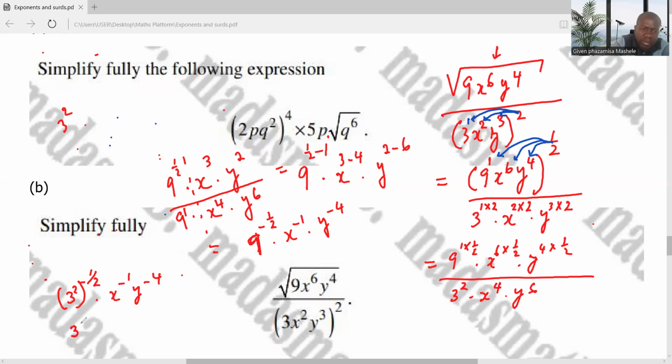So you're going to have 3 to the power minus 1, x to the power minus 1, and y to the power minus 4. All the expressions have negative exponents, so we have to change them. How? Take them to the denominator. So we're going to remain with 1 here, 1 divided by 3 to the exponent of 1, x to the exponent of 1, then y to the exponent of 4. So the final answer will be 1 over 3xy to the exponent of 4.